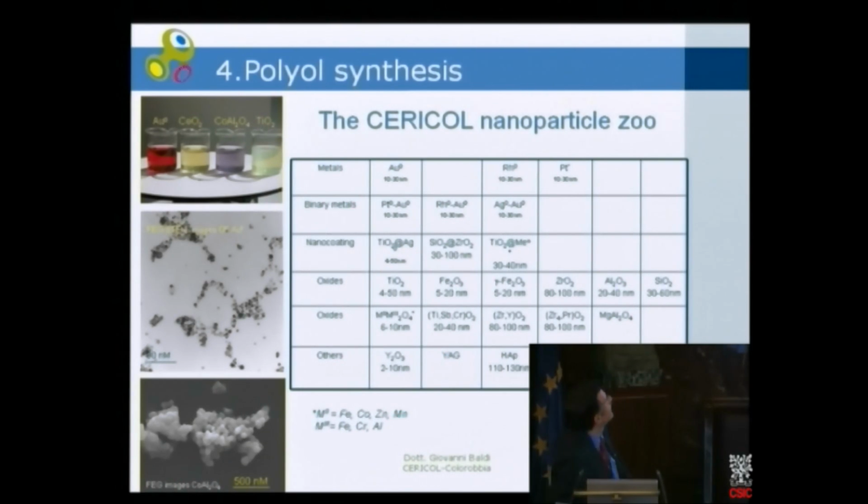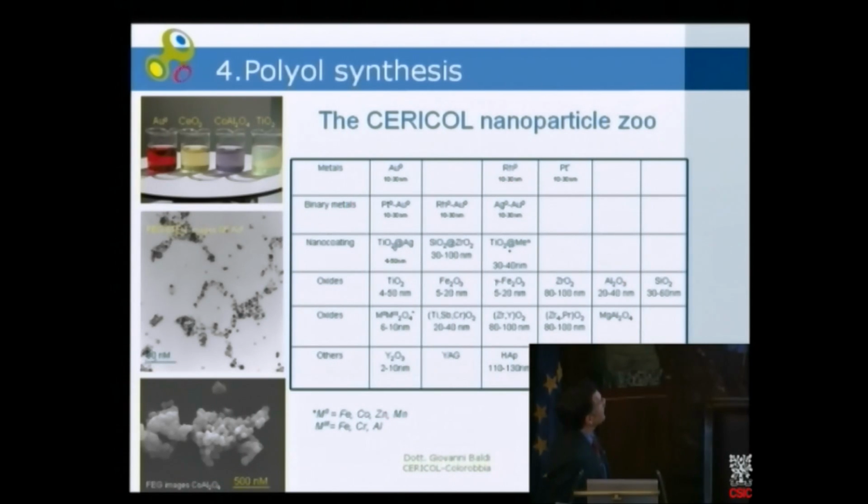We have many different particles, metals, like for example gold, rhodium, platinum, binary metals, because this technique is very interesting as it permits doping particles, metals with other metals, oxides with other metals, and so on.